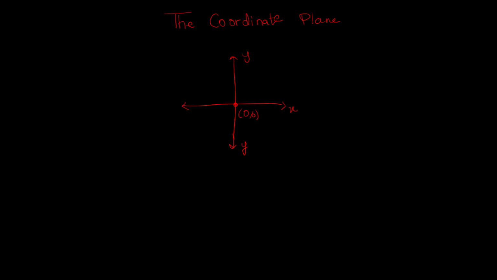Any point is written as the x component, comma, y component, where x is the horizontal position and y is the vertical position. You already know this, right? But what matters is how to use these coordinates to calculate distance, midpoint, slope, and more.